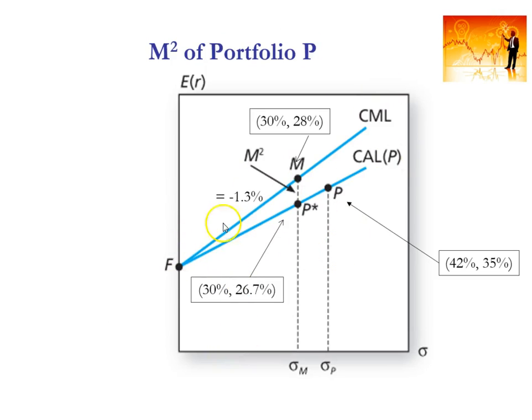Another way to think about that is that if we look at the capital allocation line, which is the trade-off between the expected returns and the standard deviation of any asset, we know that the slope of that capital allocation line is the Sharpe ratio, because the slope is the ratio of expected excess returns divided by standard deviation.